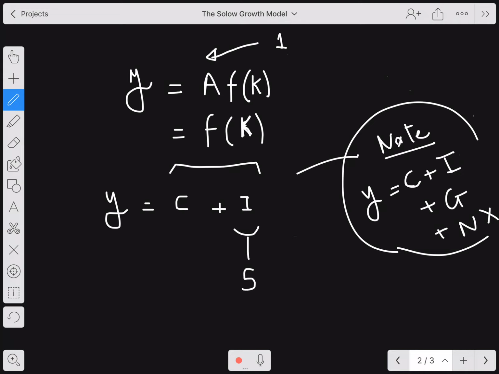When you go to the bank and put in your savings, someone else is going to demand it, which are the investors. So I am a saver, or a supplier of funds, and the other person is demanding funds, the investor. So in equilibrium, investment has to be equal to savings.